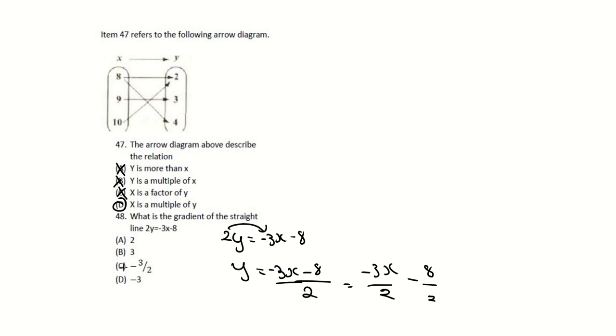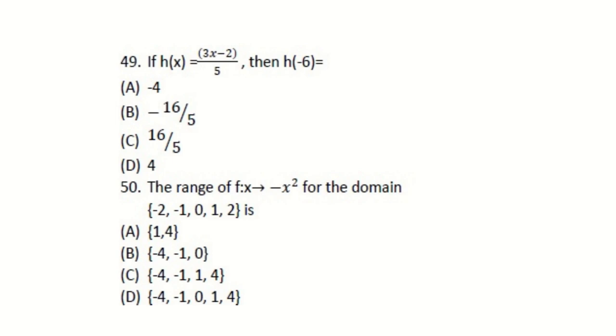The gradient of this line is negative 3 over 2, so it's C. They told you h of x is equal to this. I want to know h of minus 6. 6 threes are 18, 18 minus 2 is minus 20. Minus 20 divided by 5 is minus 4, so A.